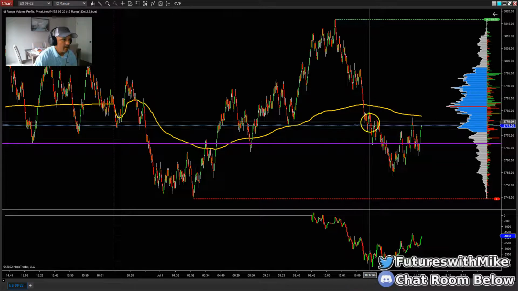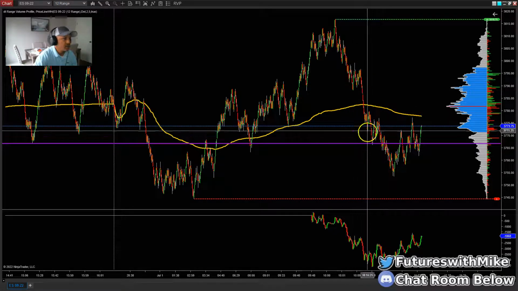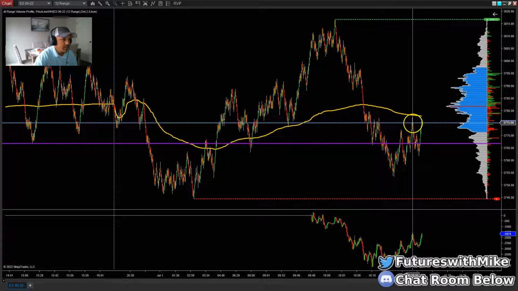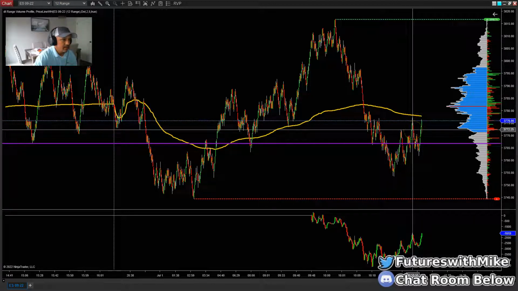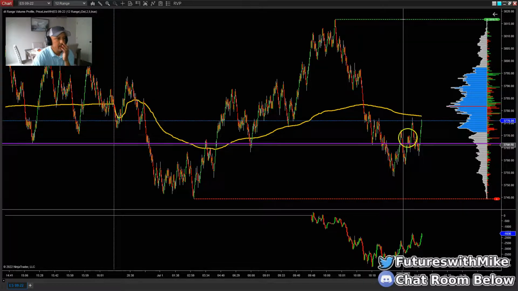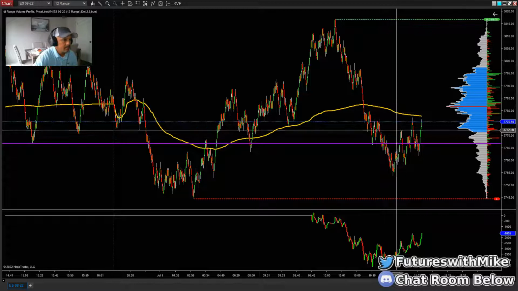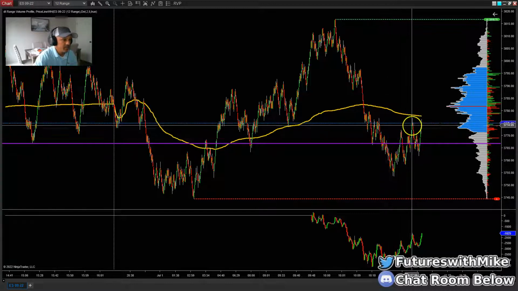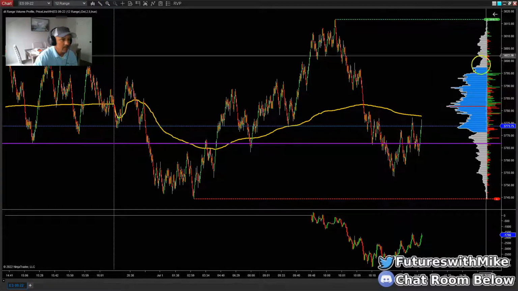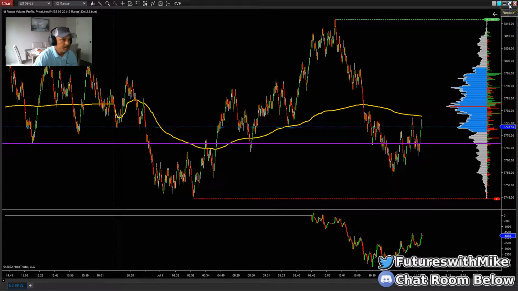You can see as it was making structure to the downside, making lower lows, lower highs, price pulls back and rejects this area right here. Going short here is possible, but you have support sitting right below, so be careful. But it is rejecting this area.